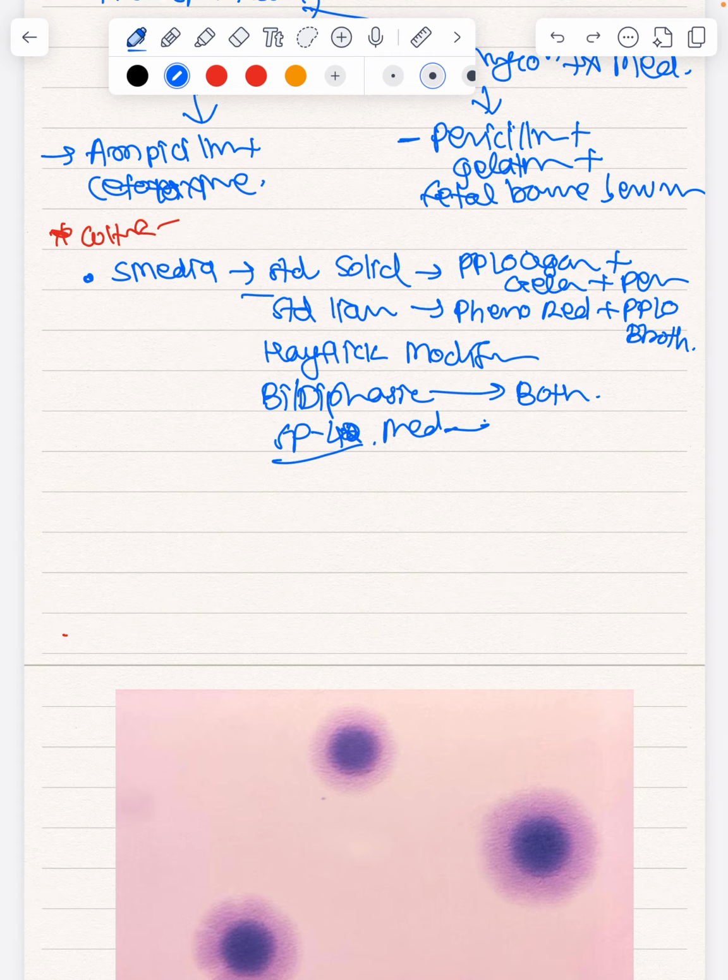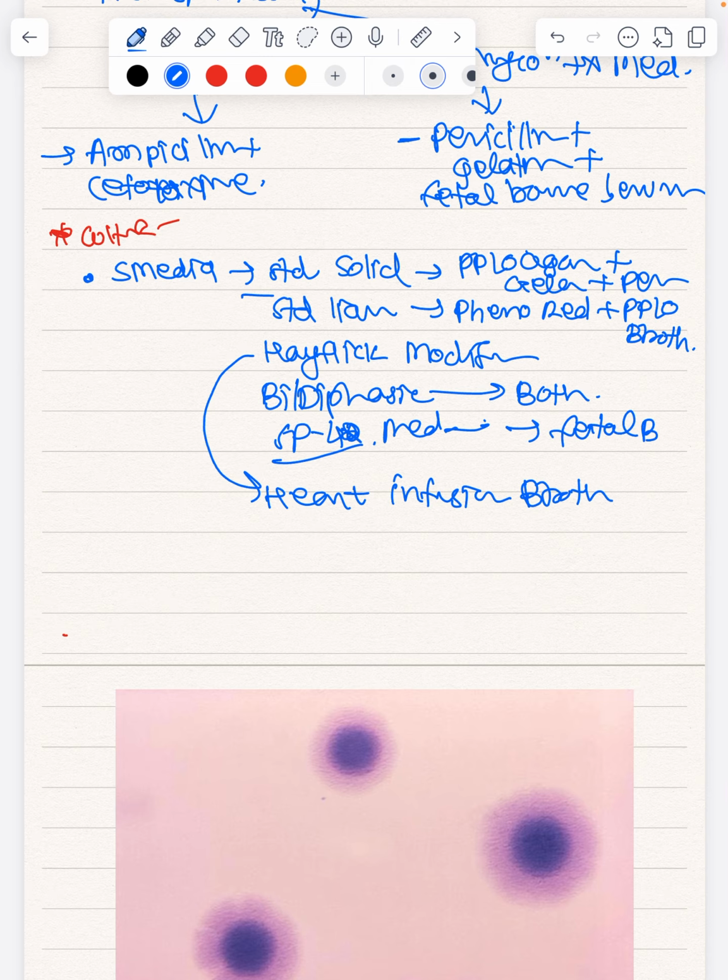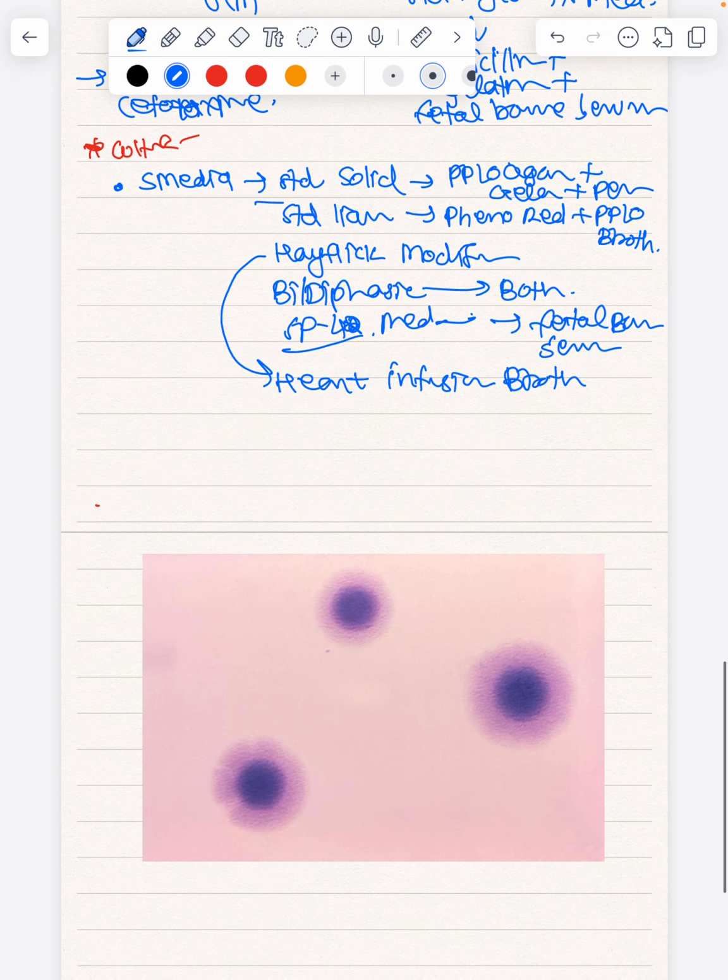Then in the Hayflick modified medium, there will be a heart infusion broth. And in the SP4 medium, there will be fetal bovine serum, similar to the standard mycoplasma transport medium.